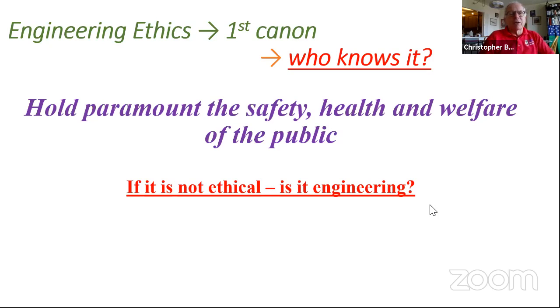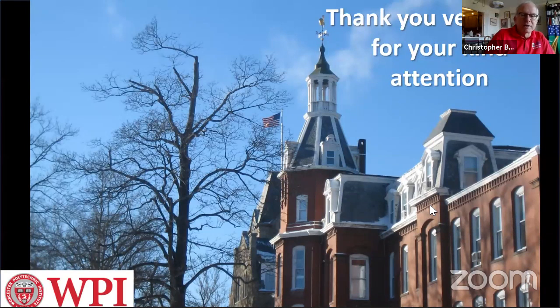So if what you're doing is not covered by this axiom, is it engineering? If you're not doing ethical engineering, is it really engineering? So on that, thank you very much for your kind attention.